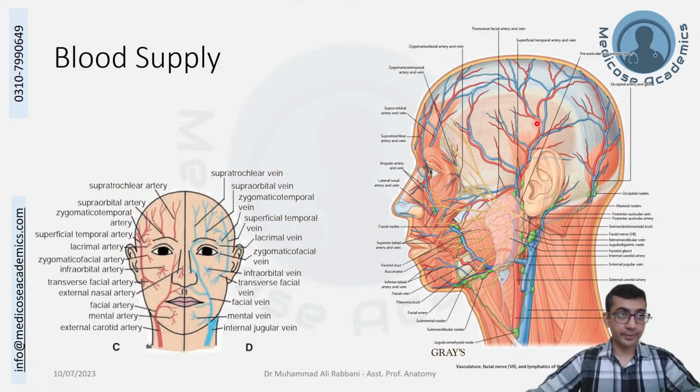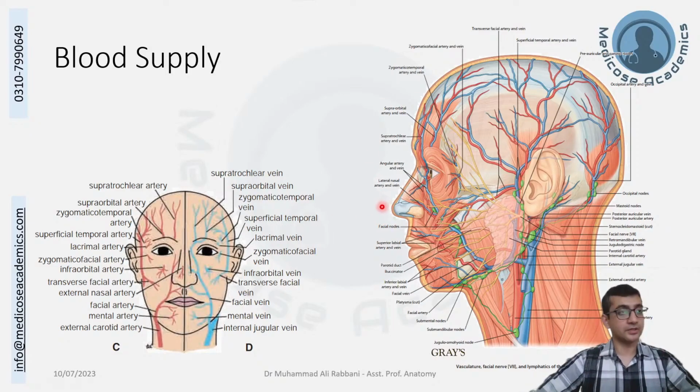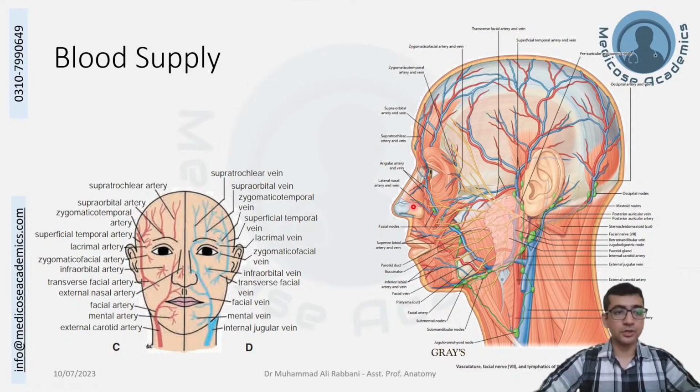Ophthalmic artery was the branch of internal carotid artery. So there is a connection between the branches of ophthalmic artery and the branches of external carotid artery, superficial temporal, facial, as they come to the face.